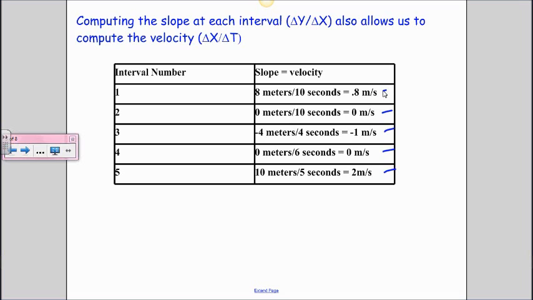Well, what you need to do is, first of all, draw your axes. In a velocity versus time graph, it's similar to displacement versus time. Time is on the bottom, measured in seconds, but instead of displacement on the y, we have velocity measured in meters per second.